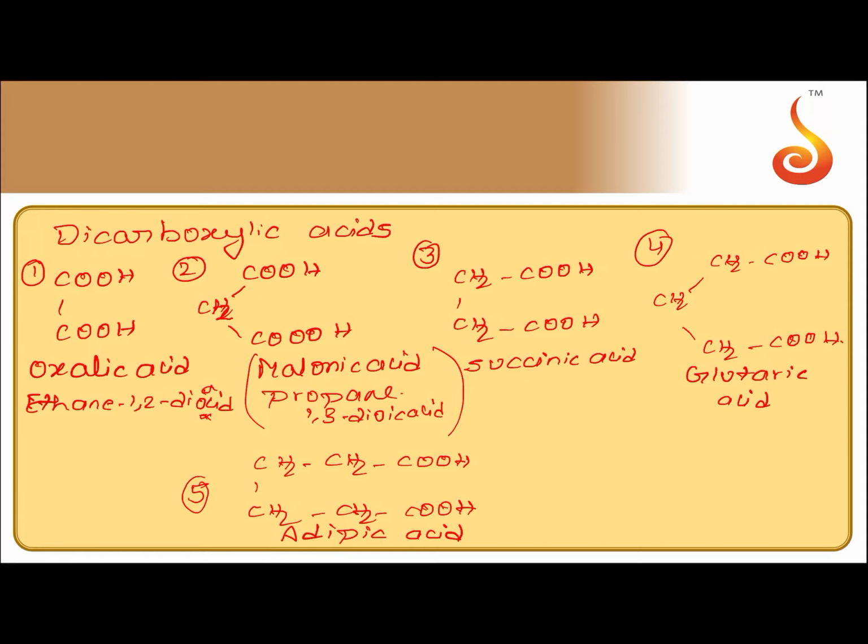Glutaric acid is pentane-1,5-dioic acid. Adipic acid is hexane-1,6-dioic acid.